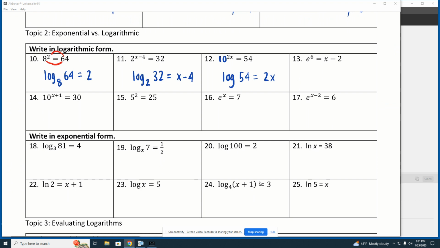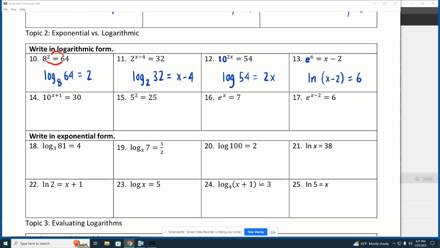Now, very similar to that, here you have a base of e. Well, we said when we have a natural base, we're going to use natural log because it has an understood base of e. So kind of like that last problem, I don't need to put the e there. So it's natural log of x minus 2 equals 6.